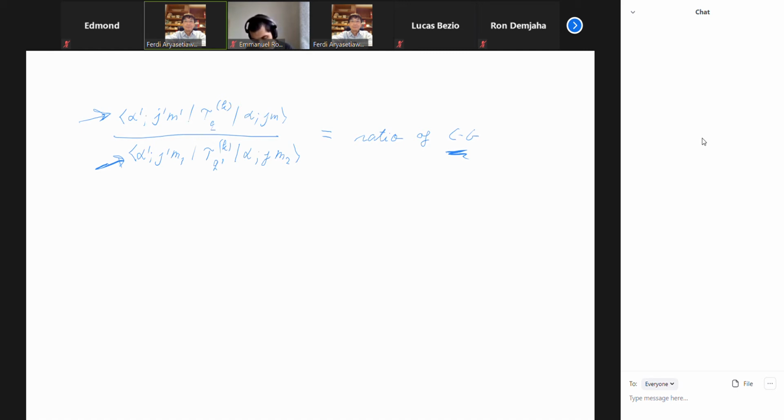So what do we actually mean by this label alpha here? We can illustrate this by considering an explicit example. We have a state like this labeled by alpha. We can think about an atomic problem, hydrogen, for example, and look at the position representation.